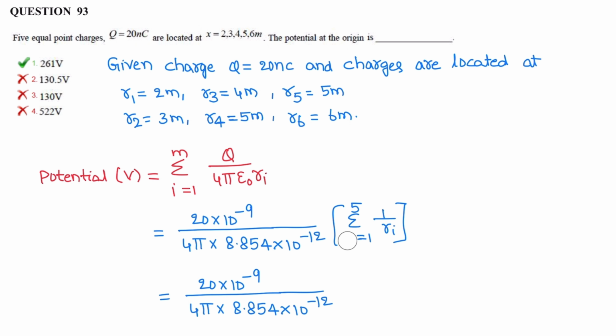So here, sigma i is equal to 1 to 5, 1 by Ri. It can be written as 20 into 10 power minus 9 divided by 4 pi into 8.854 into 10 power minus 12, into 1 by 2, plus 1 by 3, plus 1 by 4, plus 1 by 5, plus 1 by 6.